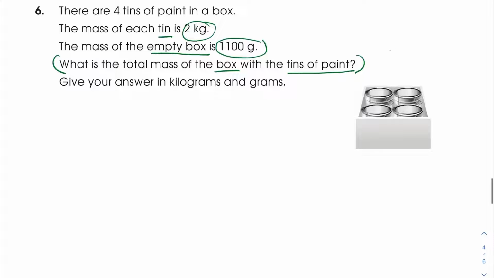So based on this picture here, we have 4 tins, so each is 2 kilograms, 2 kilograms, 2 kilograms, 2 kilograms, and the box is 1,100 grams. So actually we can just add them all together. So what's the mass of these 4 tins? 2 kilograms times 4 will give you 8 kilograms.